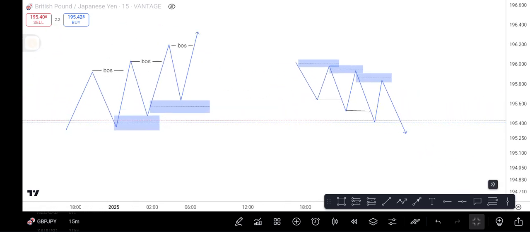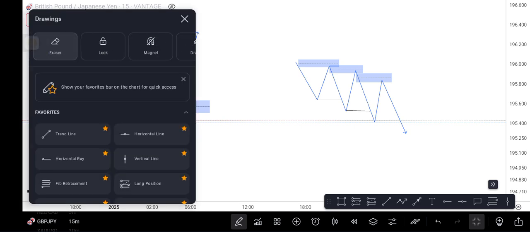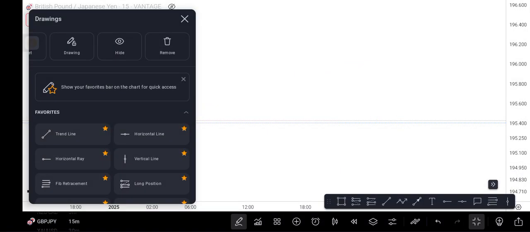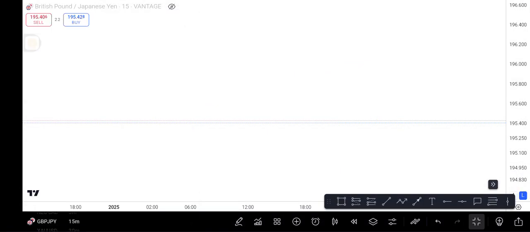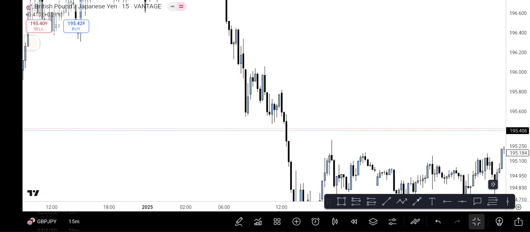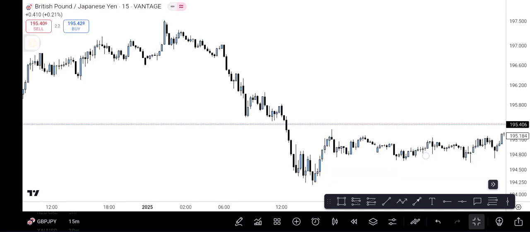So as you can see, the concept of demand and supply is actually very, very simple, guys. So without wasting much time, let's use the remaining 4 minutes to get into the chart and see a live example of these supply and demand zones working.